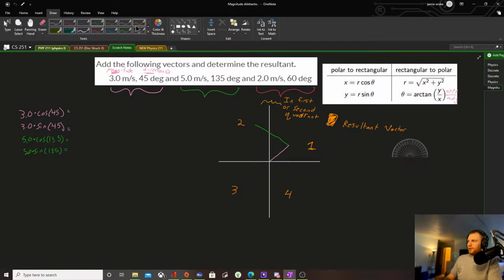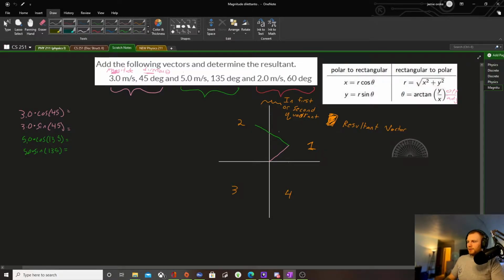And then the third one is going to have a magnitude of 2, and it's going to be 60 degrees. So going right back towards the first quadrant. And it looks close, like it might be in the first or second.